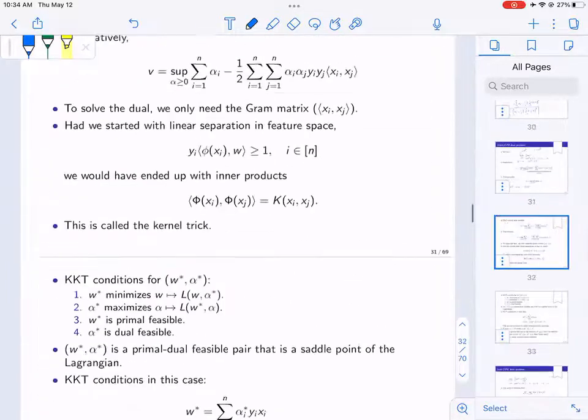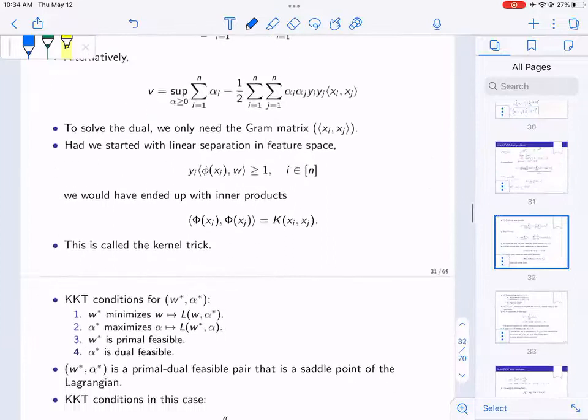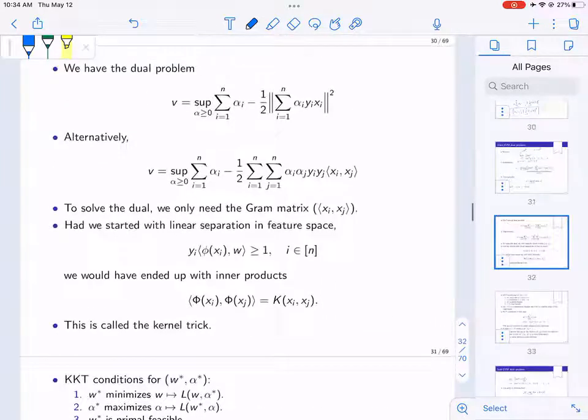Yeah, I should take that back. Which one is easier is a little tricky. But for the dual, you also don't need to know the x_i's themselves. You don't even need to store them. You just need to know the pairwise inner products.